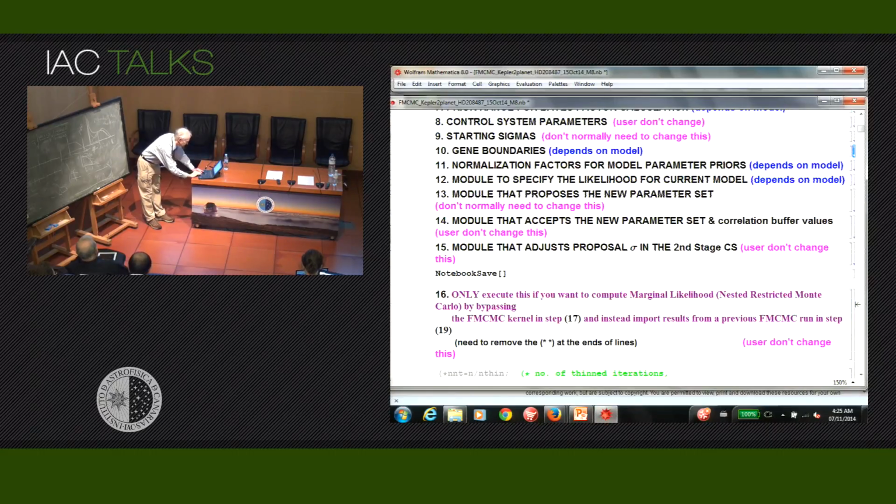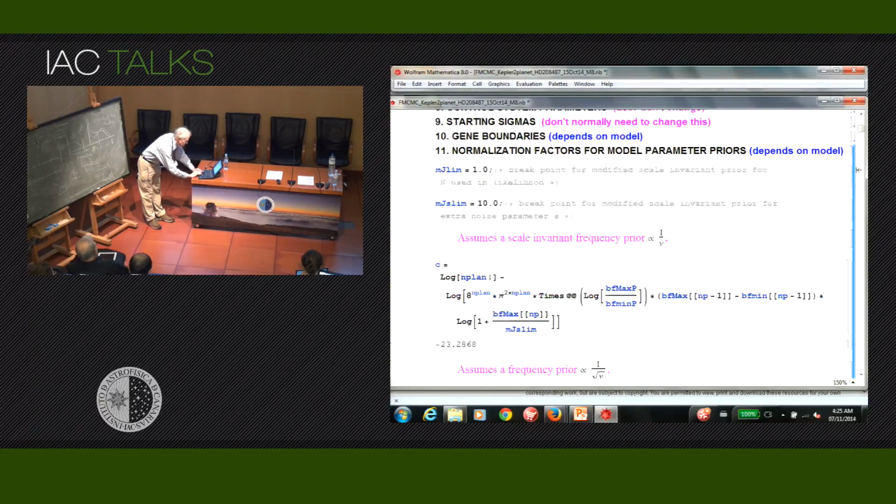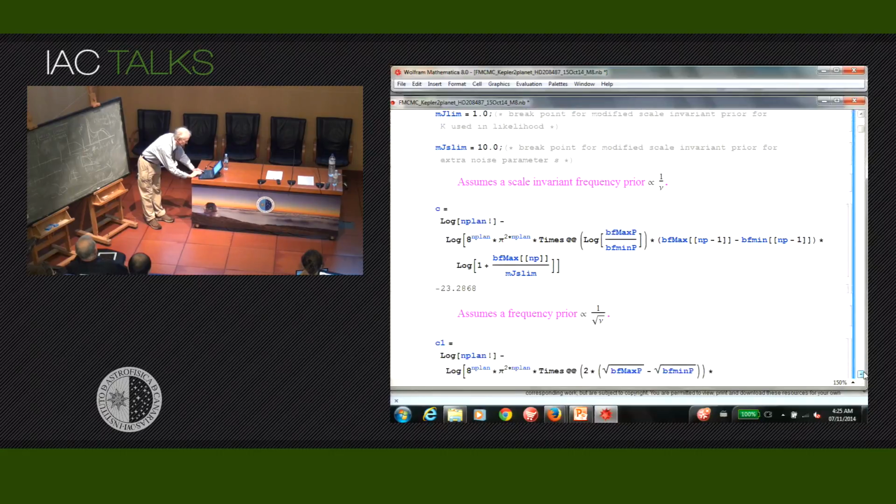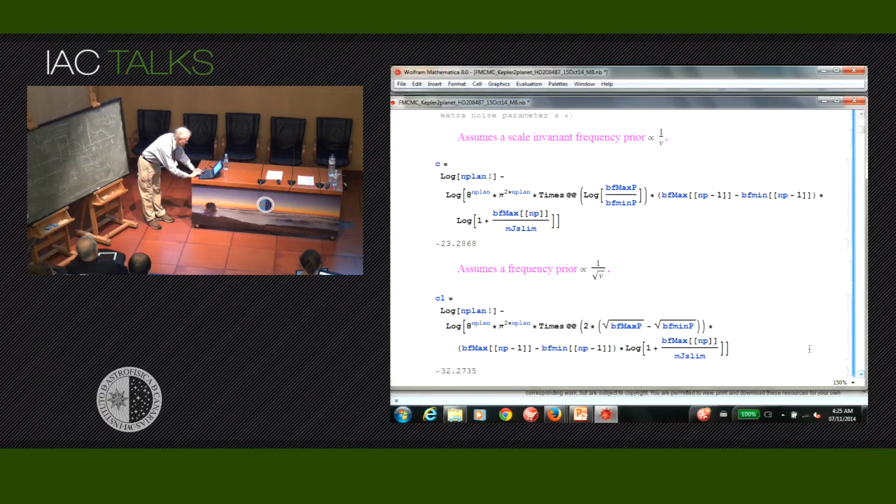It's funny. Okay. Well. So then here's where we calculate the likelihood. And also there's some normalization factors for the priors that are used in the likelihood. And so this is set up so that you shouldn't have to change this. It automatically does it for you.